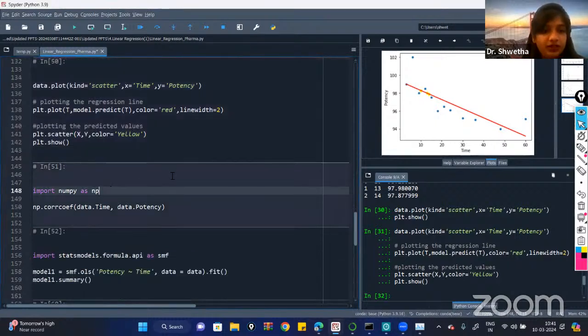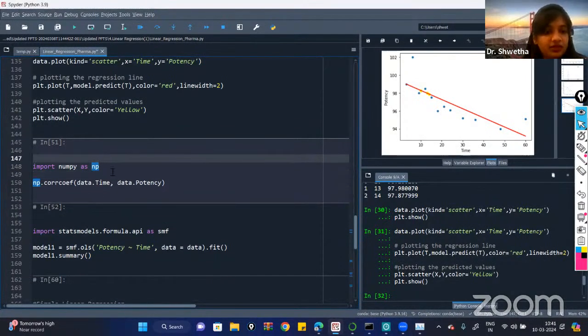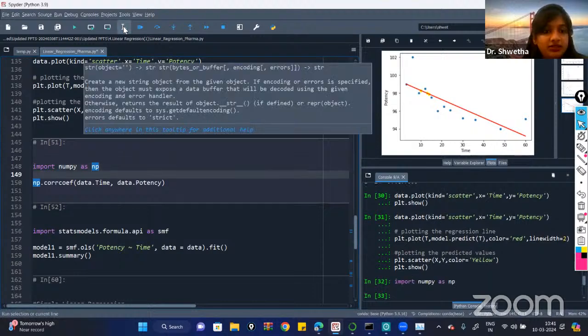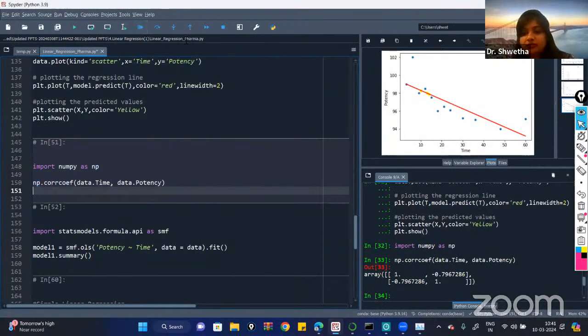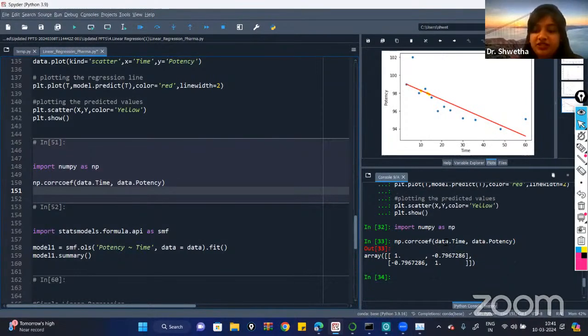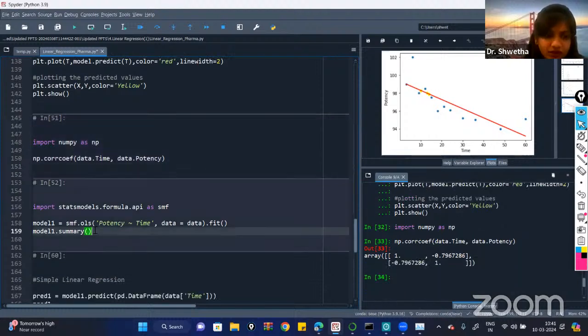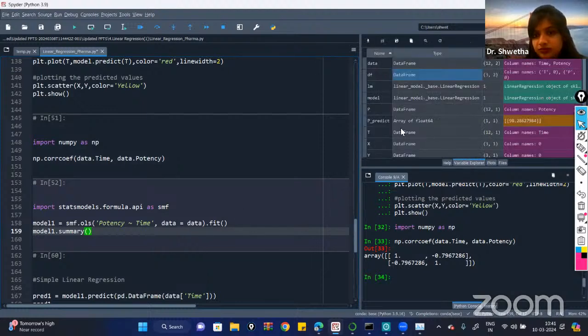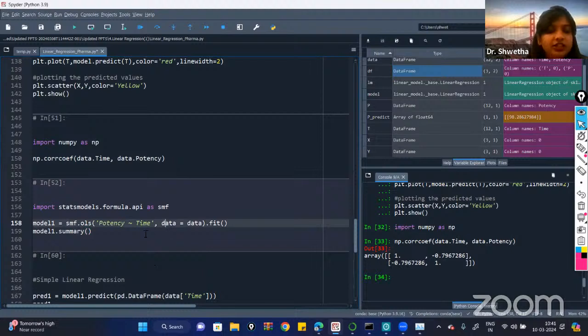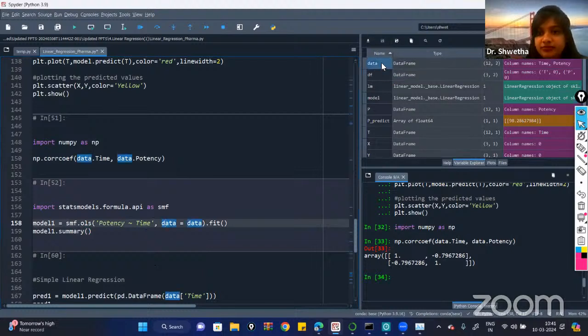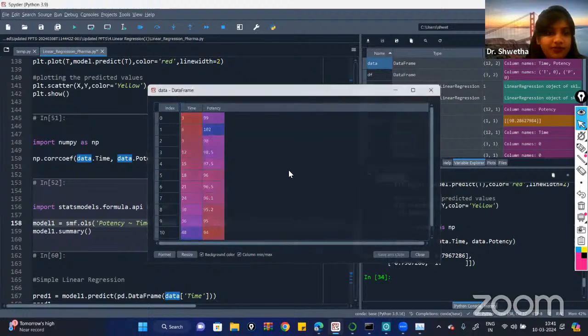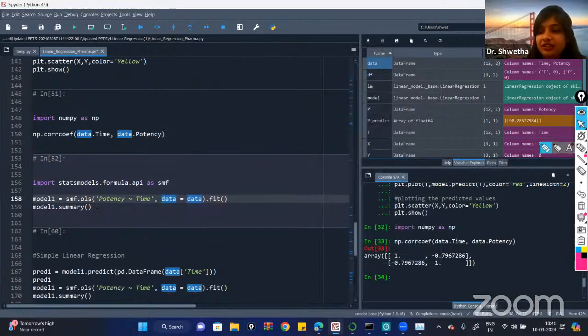Okay, now moving ahead, we are again building this regression model and seeing the correlation between time and potency. Here we are taking this data and building the linear regression model.